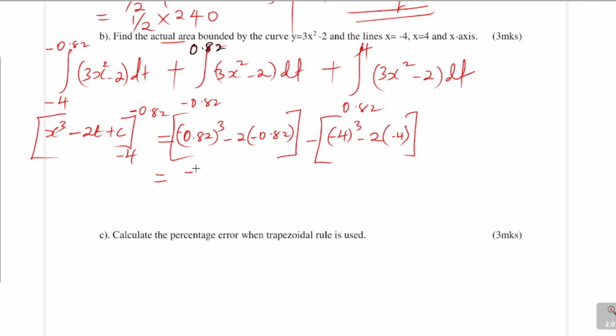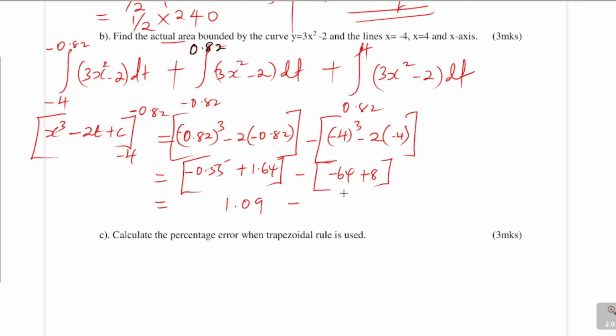So this one will give negative 0.55 plus 2 multiplied by this will give 1.64. Subtract negative 4 cubed, that will give negative 64. Then negative 2 times negative 4, that is positive 8. So this will give positive 1.09.